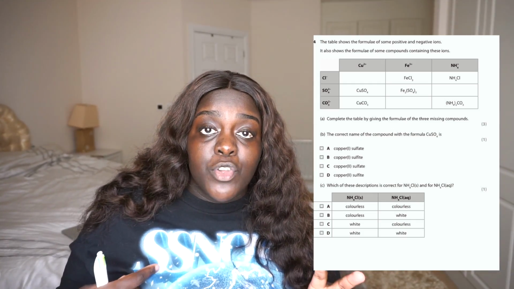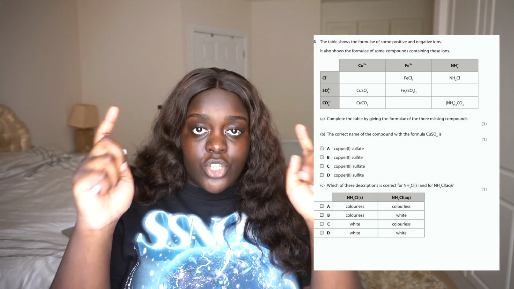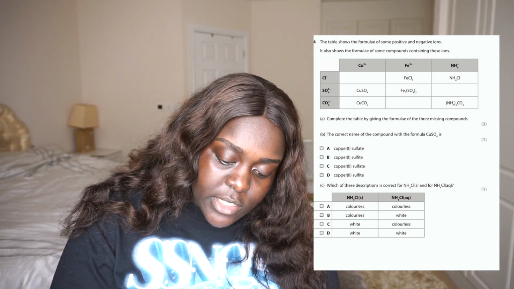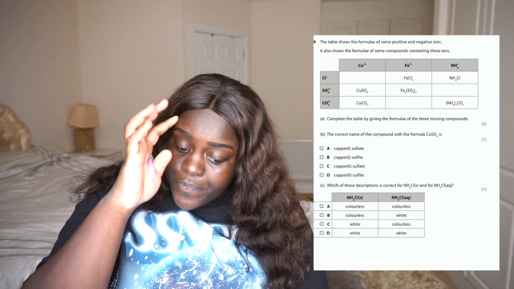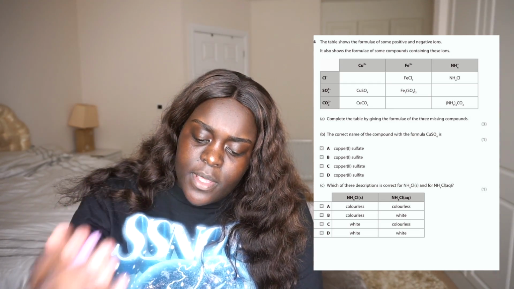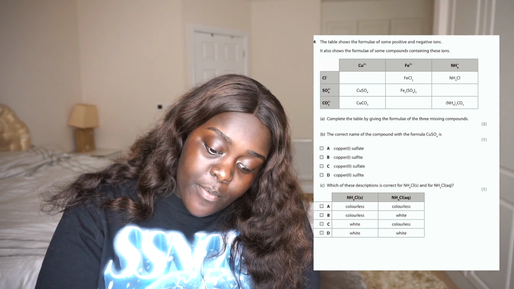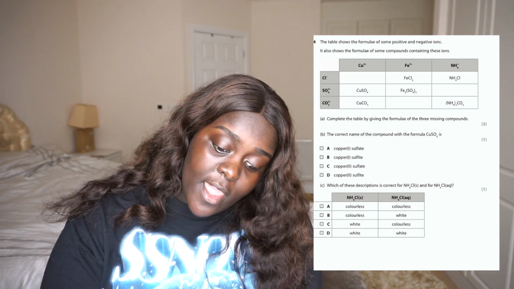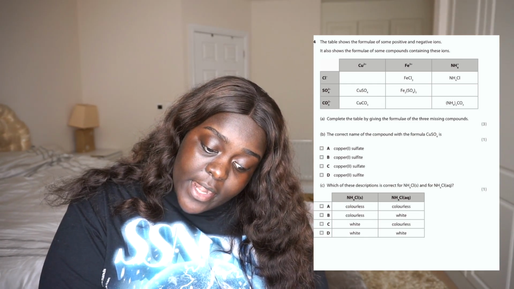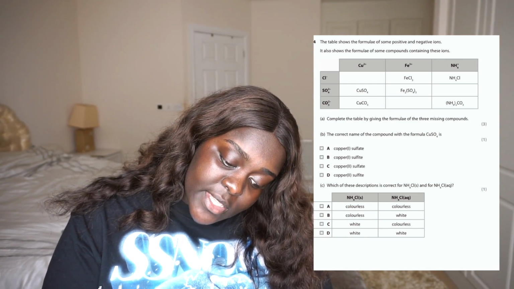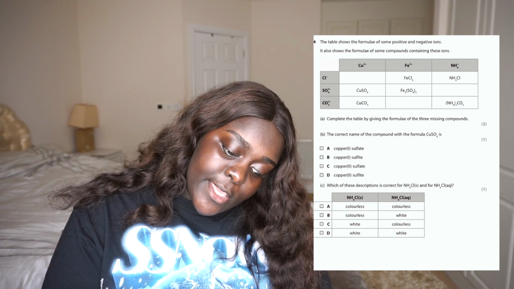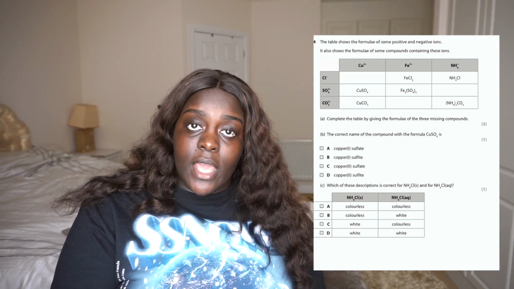I know that whenever you're putting ions together, you have to swap the charges. So Cu2+ and Cl- gives CuCl2. NH4+ and SO4 2- is going to be (NH4)2SO4. And then Fe3+ and CO3 2- is going to be Fe2(CO3)3.